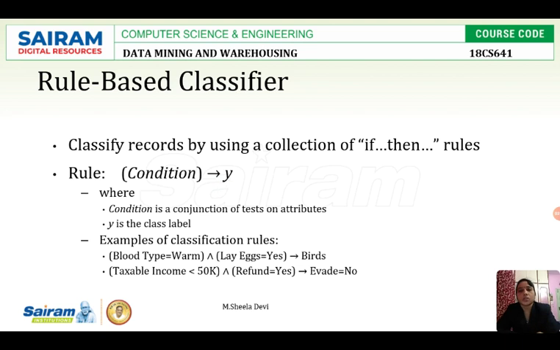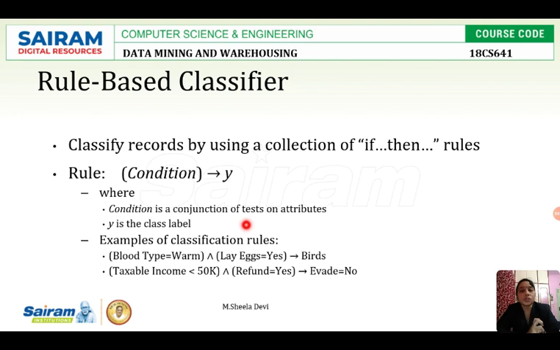That's it. So condition tends to Y, where condition is a conjunction of tests on attributes. There is no need for it to be only one condition. It can be a number of conditions. As I said in the fruit example, if the fruit is red in color and diameter, so we are putting two rules over here.